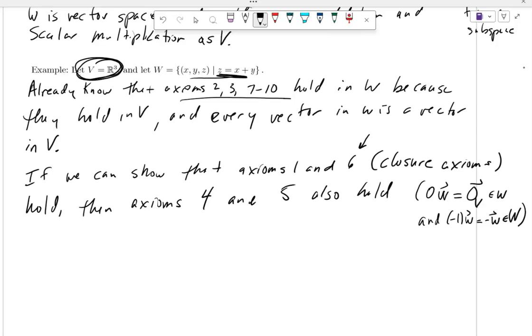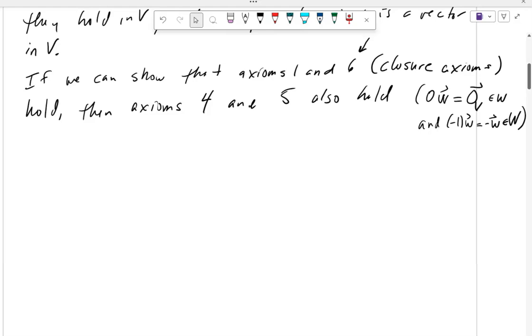If I take 3 of them and look at my regrouping, I can regroup any way I want because it had to work in V because they are vectors in V themselves. Okay. The only thing I need to worry about is whether or not I land back in the right spot for subspace. Because the other ones we get for free because it holds for the bigger space, so it has to hold for the smaller set. That's why. Okay.